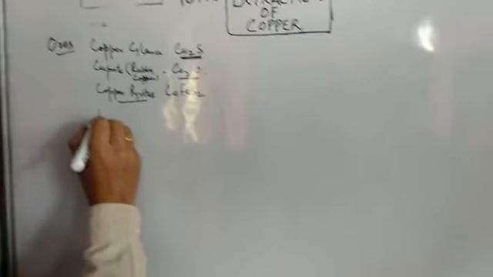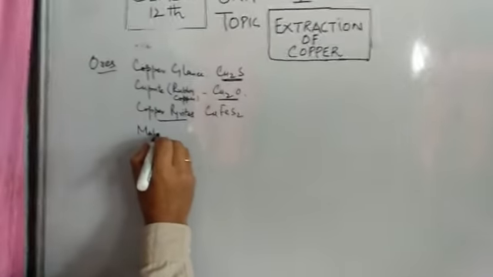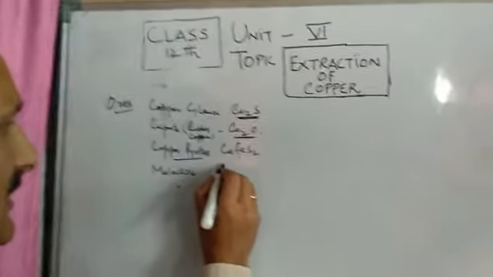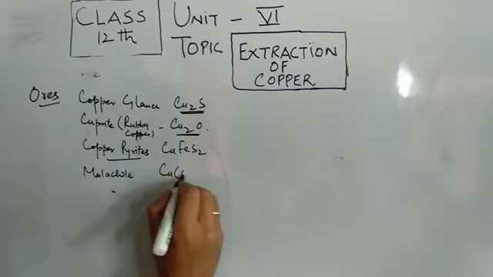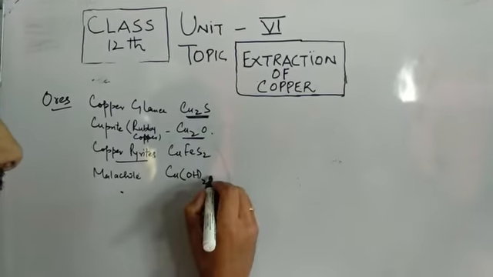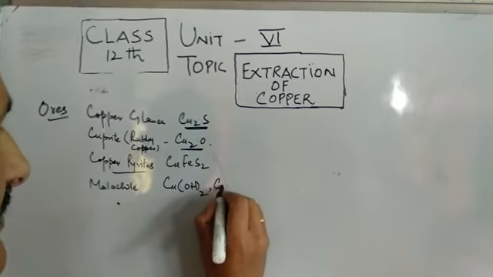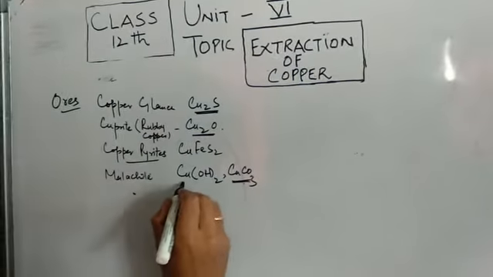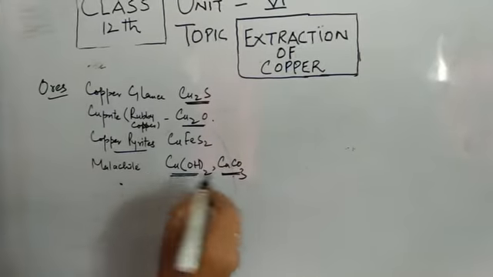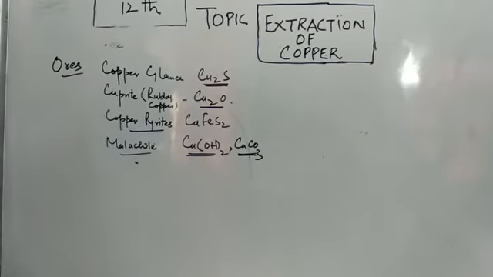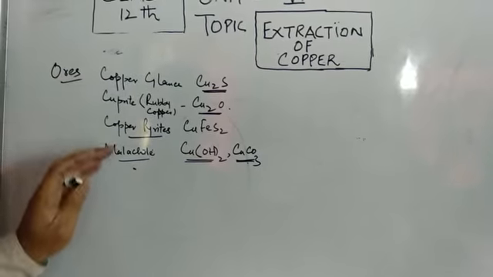Then moving to one more ore, that is malachite, having chemical formula Cu(OH)2.CuCO3, that is copper hydroxide in combination with copper carbonate. These together make one more ore of copper, malachite. So these are some ores of copper.